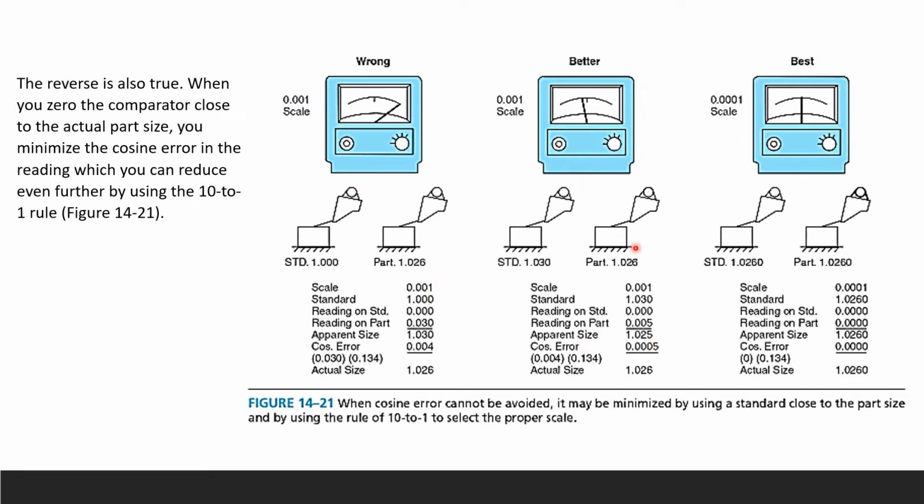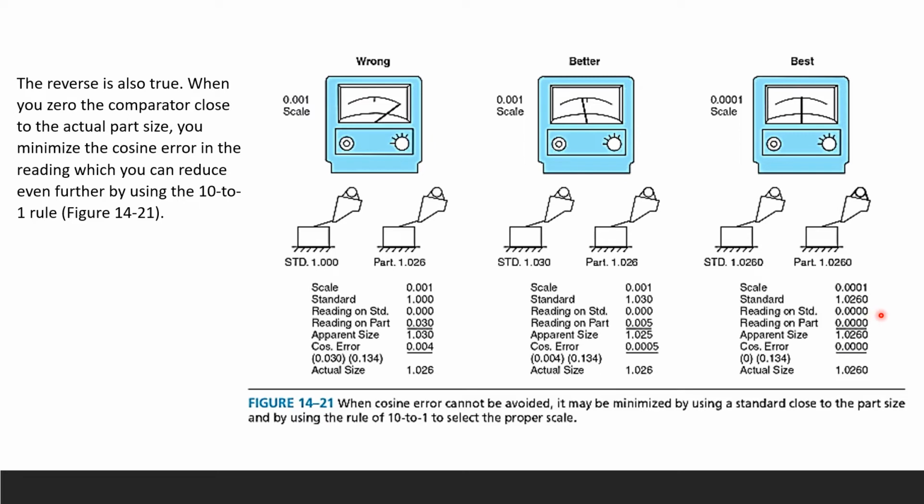Again, your cosine error depends on your probe position and the angle right here. So in this case, you're measuring with the 0.134 for that error. Again, you don't have to worry about it, just scan through this. And then your best scale, we're going down 1 decimal. So your scale is 0.0001. Your standard is 1.026, okay? The standard has changed, we do the same things.